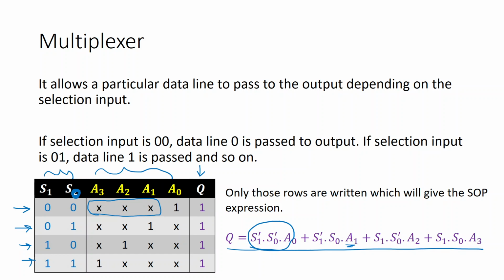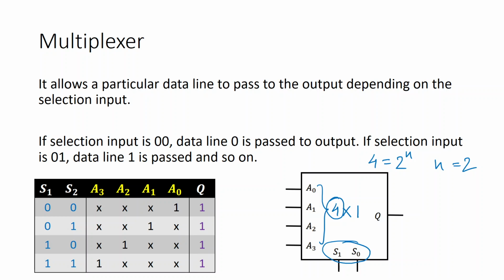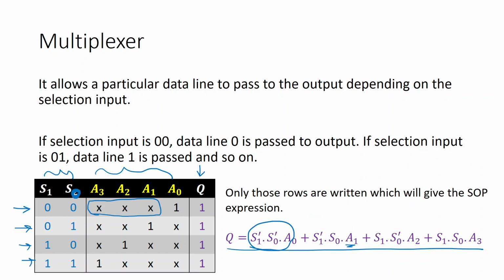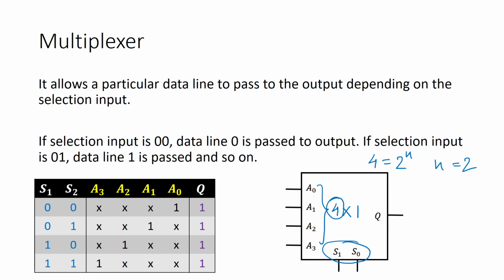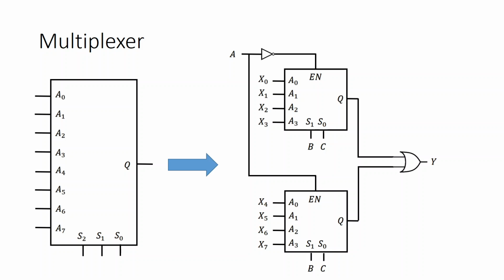So many, 8 minterms will be there in the SOP expression, and you have to make that circuit. Instead of doing that circuit again and again, I can use smaller muxes in order to make a larger mux. And this is one of the ways to do it, using two 4x1 muxes to form one 8x1 mux.